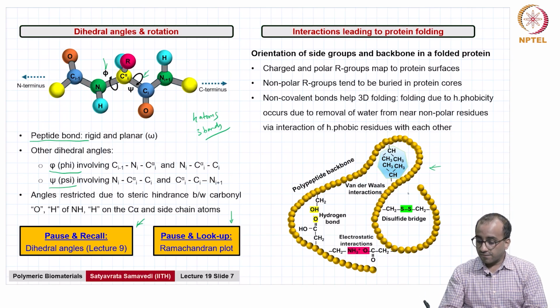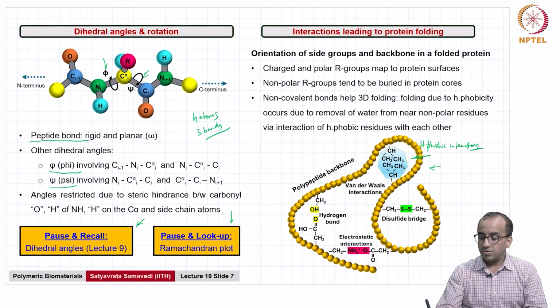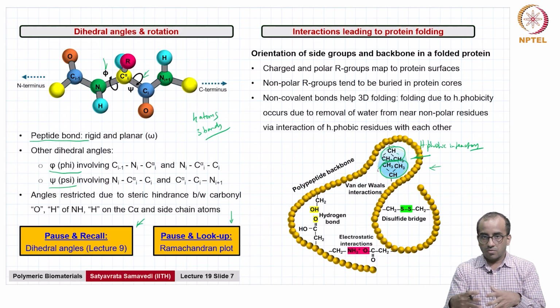So, you can have for example, van der Waals and hydrophobic interactions. So, this is what you would call hydrophobic interactions. You see all these valines here and here want to cluster together, expelling the water such that they can interact with each other in that cozy little space.